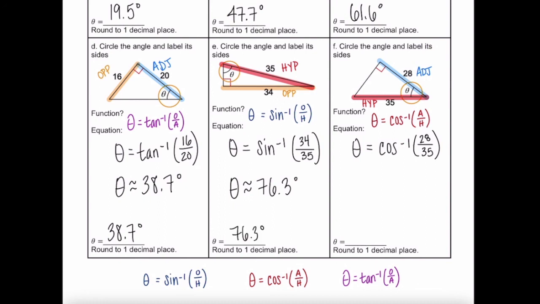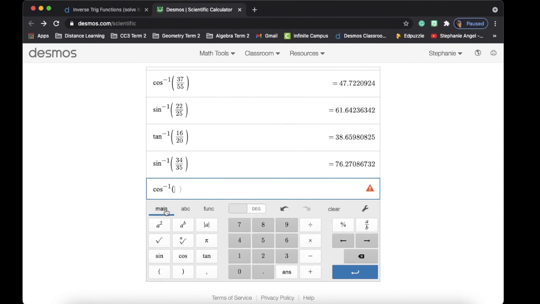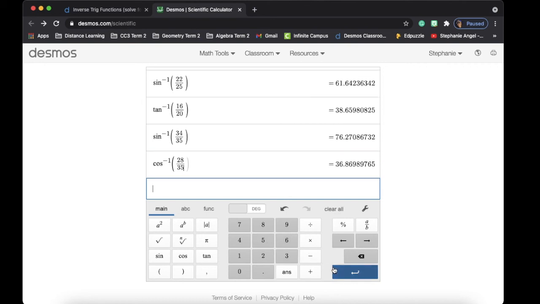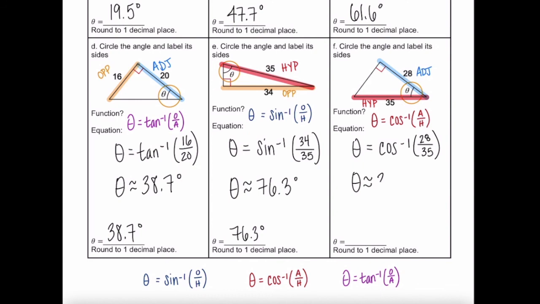For problem F, you were given the adjacent side and the hypotenuse, so our function was inverse cosine. Angle theta equals inverse cosine of adjacent 28 over hypotenuse 35. So for our function, we're using inverse cosine of 28 divided by 35, and our angle measure is 36.869, so 36.9 rounded. So theta is approximately 36.9 degrees.